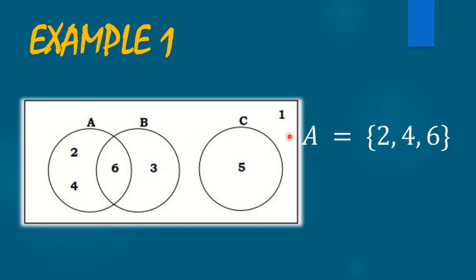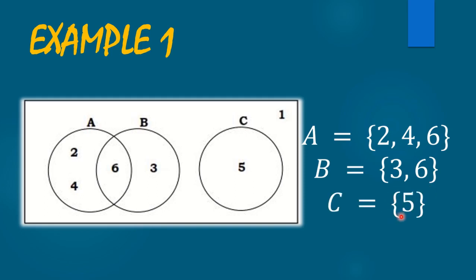So from here, our event A is equal to 2, 4, 6 or the even numbers. Our event B is equal to 3, 6 or our numbers that are multiples of 3. And for event C, we have 5, which is a number that is a multiple of 5.